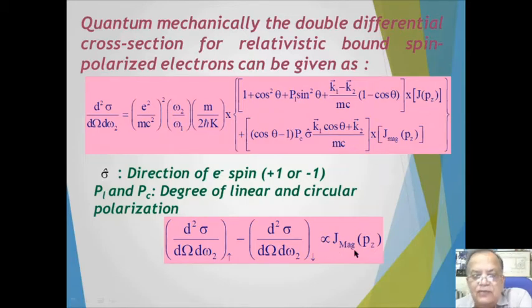That leads to the magnetic Compton profile. That means you should have a degree of circular polarization, and further sigma is changing with the direction of the electron spin, or the magnetic field direction. Then you will have the magnetic Compton profile.